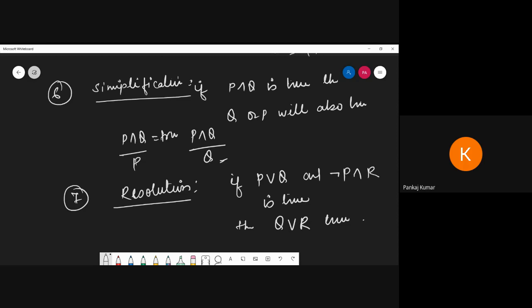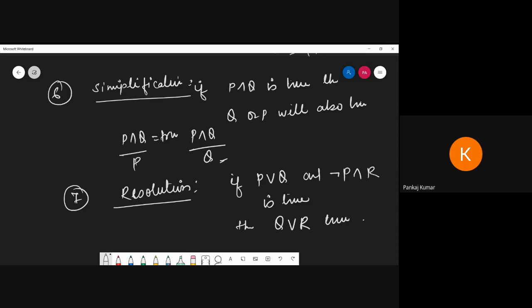That means अगर P union Q true है and negation of P intersection R भी true है, तो ये भी हमारा true ही होगा. So don't be confused by all the things. The proof tables we have to create. Okay, so these things are there for the inference rule.